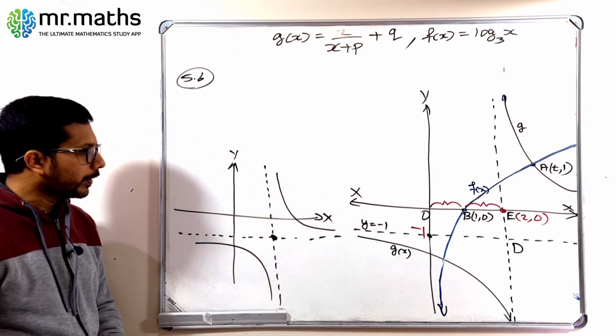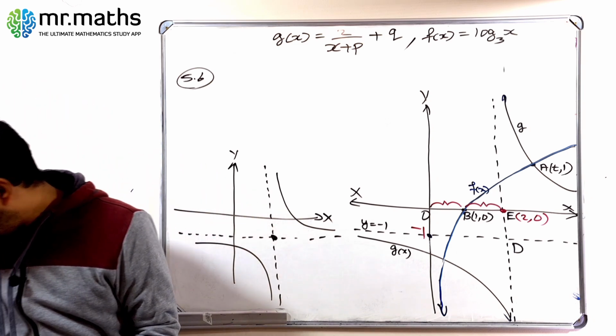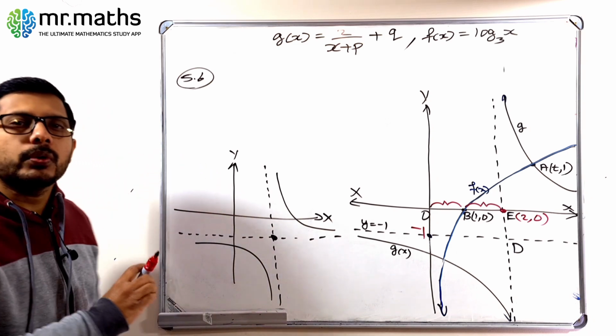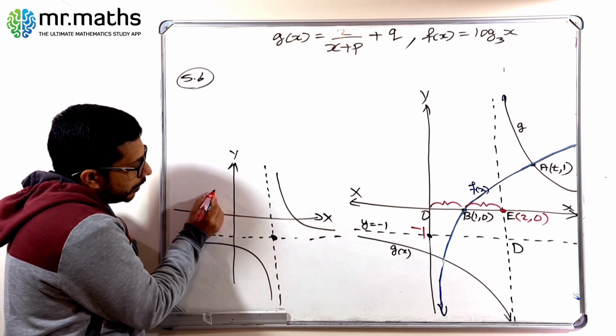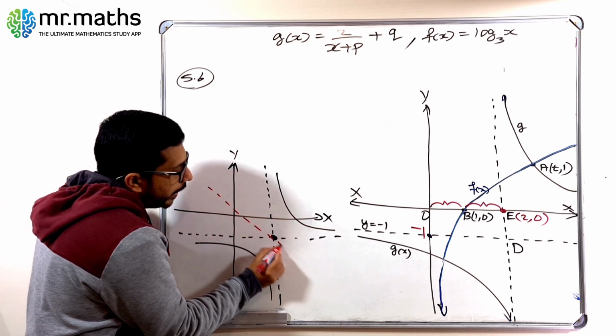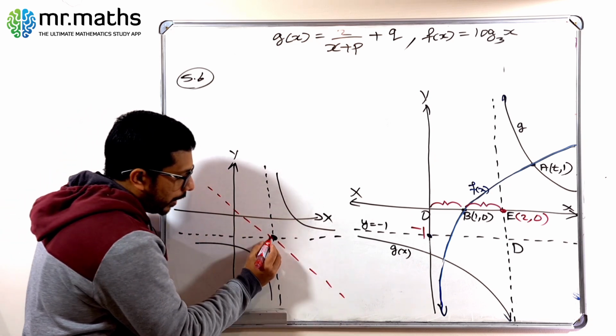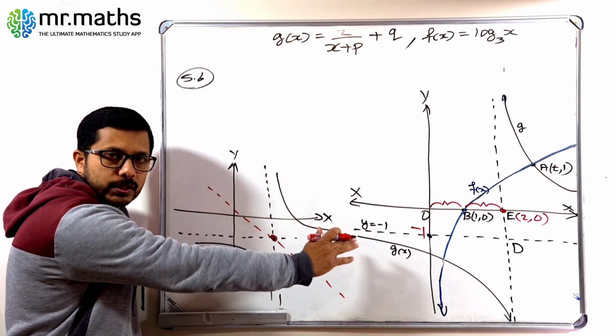In the case of a hyperbolic graph, there are actually two axes of symmetry. One axis of symmetry is this one. Try to understand that both the axes of symmetry pass through the intersection point of the asymptotes.